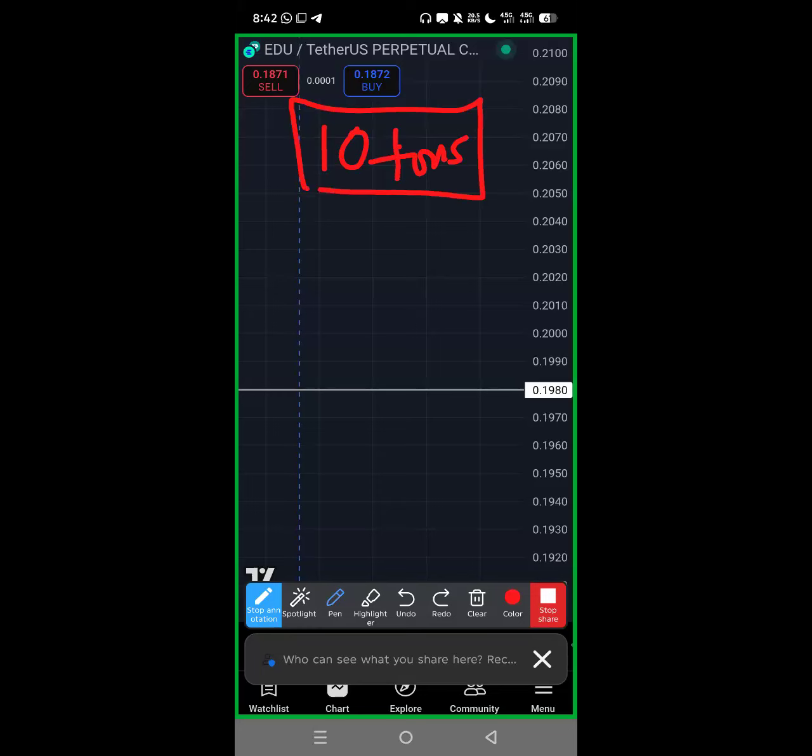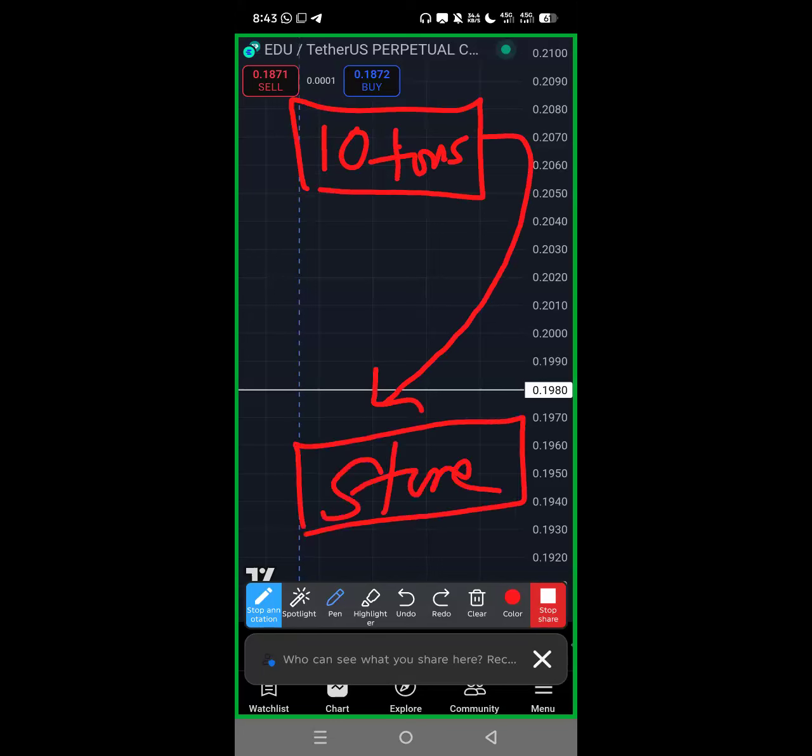Why the 10 tons? You want to store it, to keep it in your store. But remember, you're not the only person who wants this maize. What is available in the market is possibly only 8 tons, but you have made an order of 10 tons.